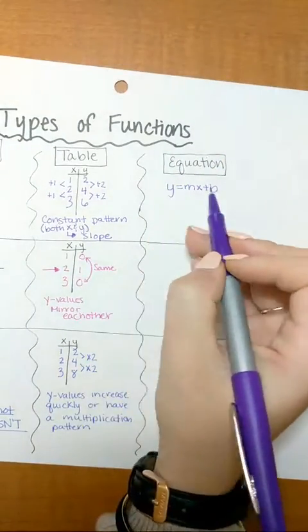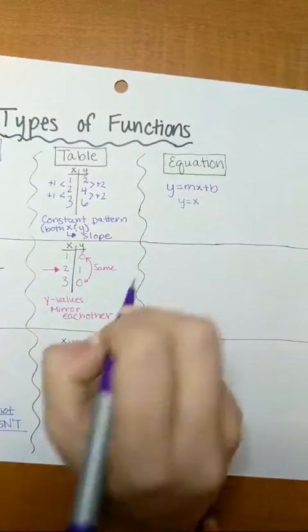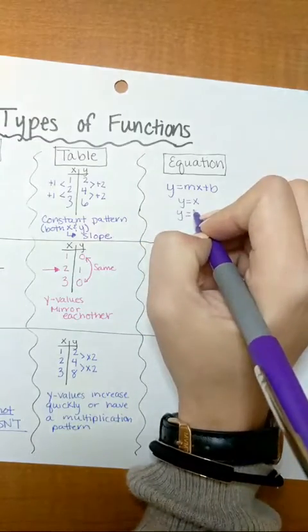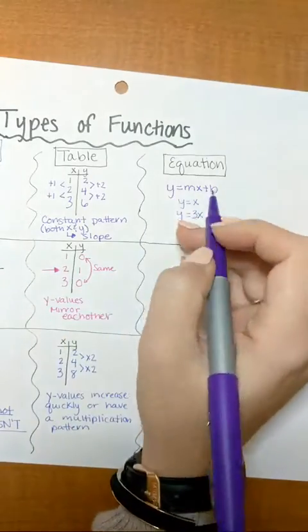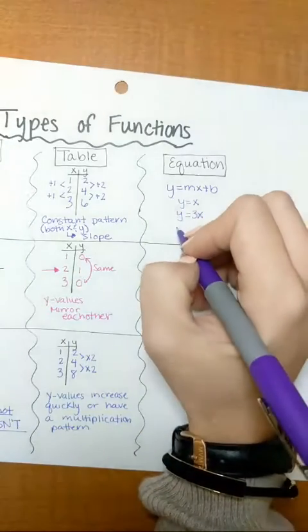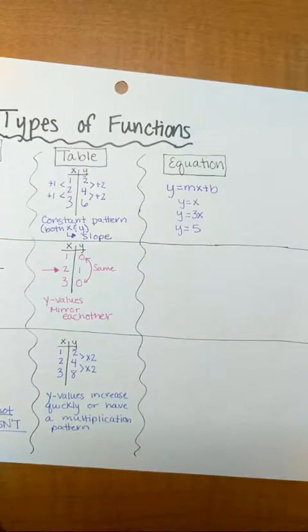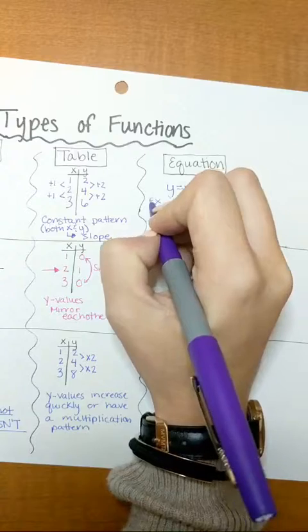But you could just have y equals x, or you could have like y equals 3x, or you could just have like y equals b, so y equals 5. So all of those are examples.